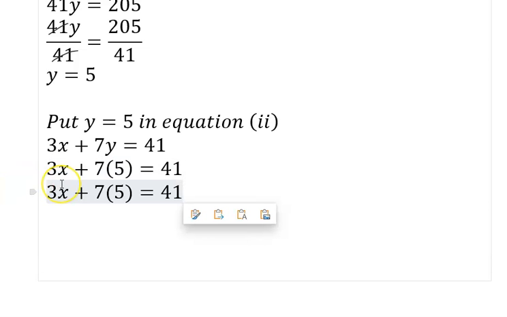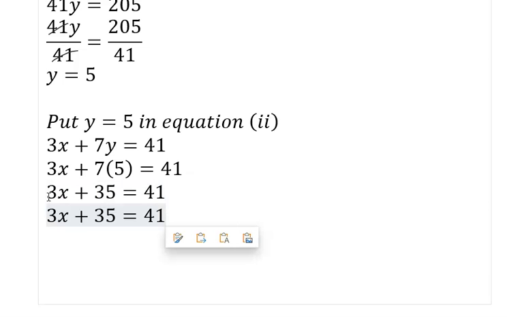Awesome. So we just say 7 times 5 will give us 35. So just from here we collect like terms. We have 3x plus 35 equals 41. So we can transfer this 35 now across the equality sign. Then the sign will change to what?